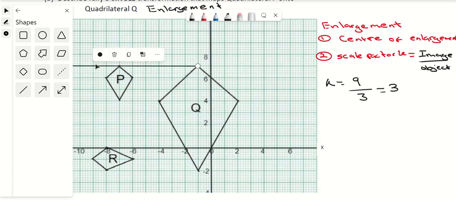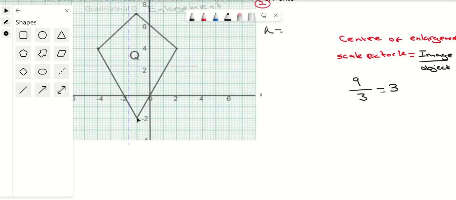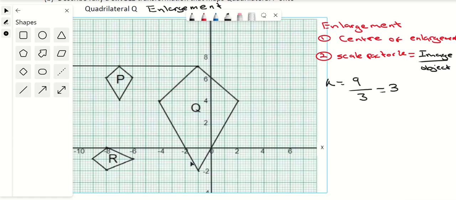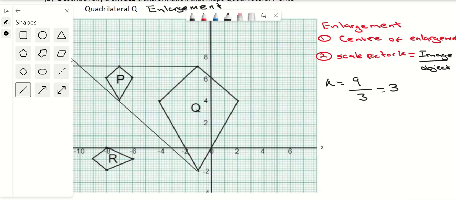Then for the next line, we'll take this bottom part here and connect it. Let's get the next line: we take this line here and connect it to this bottom part here, and where these lines intersect would be my center of enlargement.